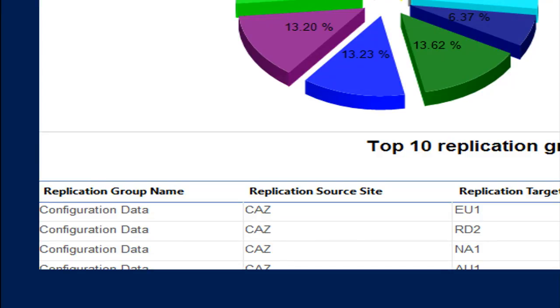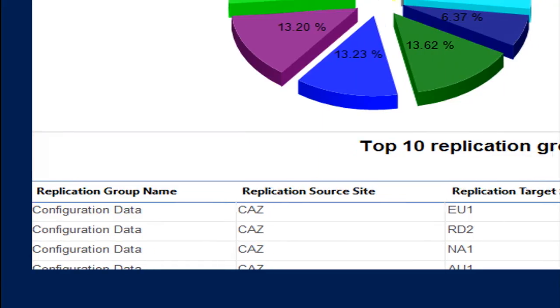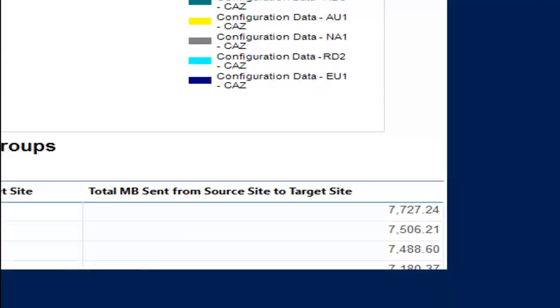Now you can actually see the replication group name here, and this will allow you to say, hey, it looks like it's configuration data that is taking up a lot of my bandwidth. So I think I'm going to pursue a distributed view solution, or I'm going to start setting up a schedule for that so it's happening during off times.